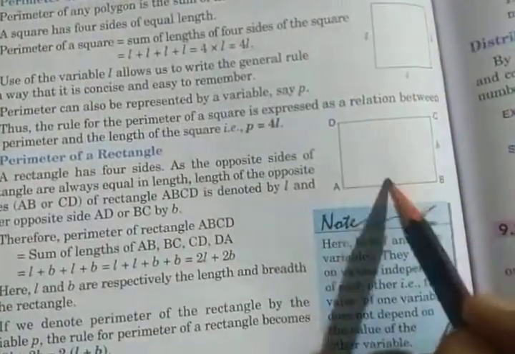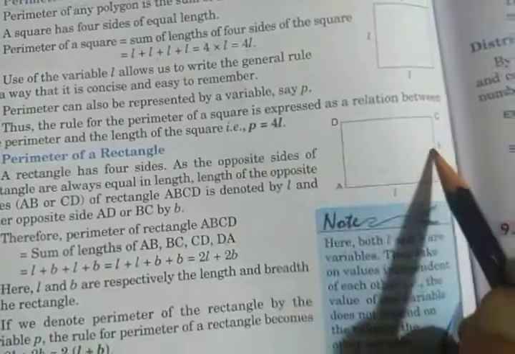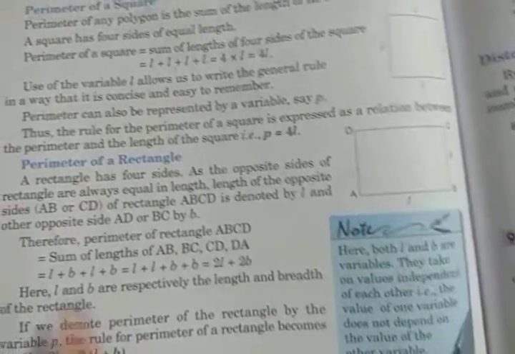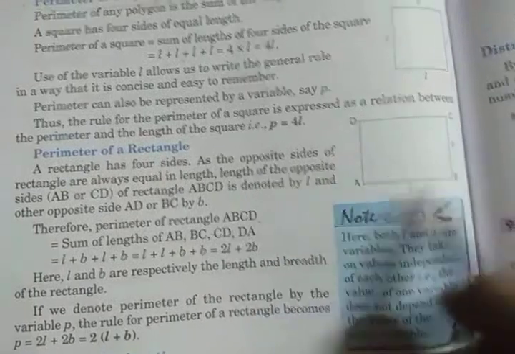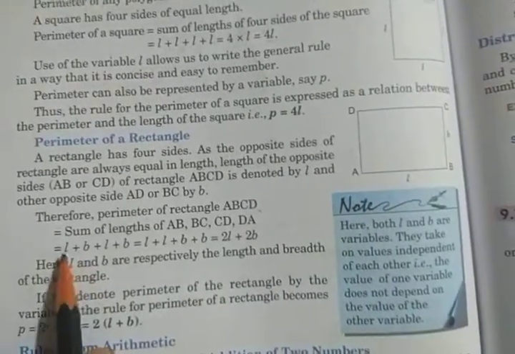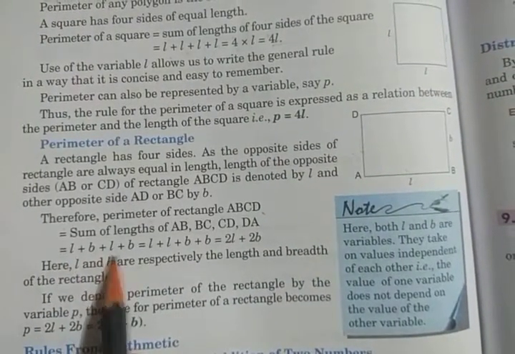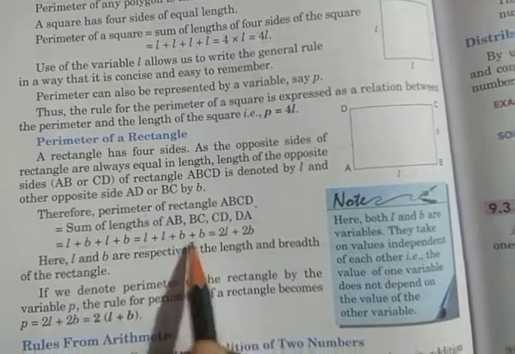Now, perimeter of a rectangle means 2 lengths plus 2 breadths. So the perimeter of rectangle ABCD is given here. Length plus breadth plus length plus breadth means 2 lengths plus 2 breadths.